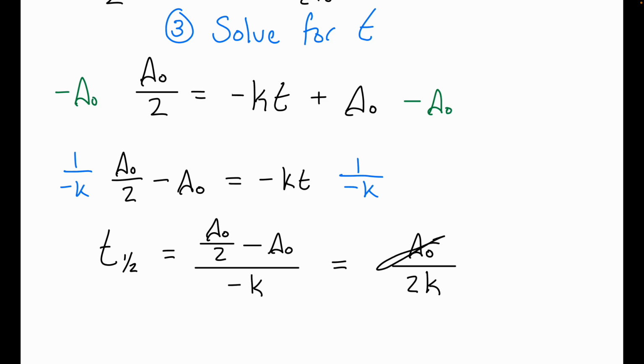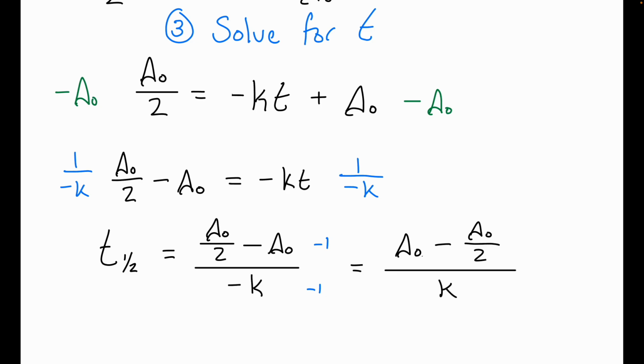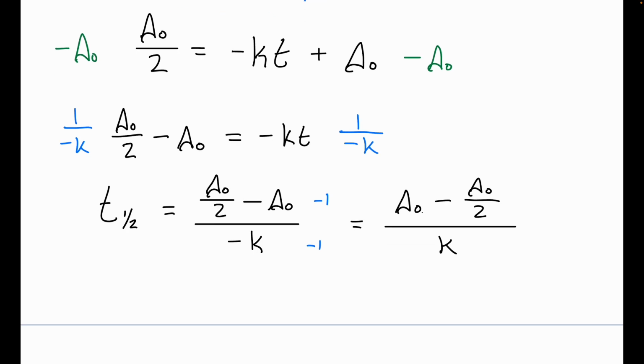We can do it. All right, so if we take that minus, we're going to multiply both top and bottom by -1. And that'll allow us to flip this around. Okay. A naught minus A naught over 2. We can take this.